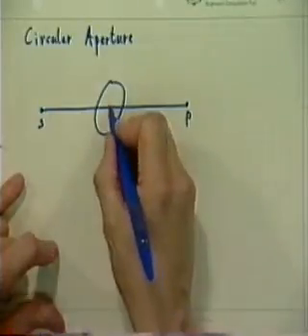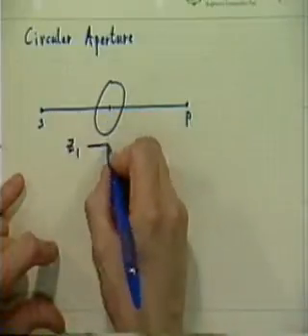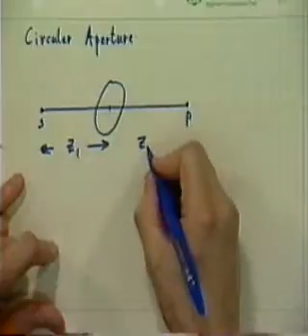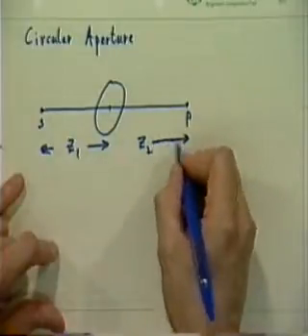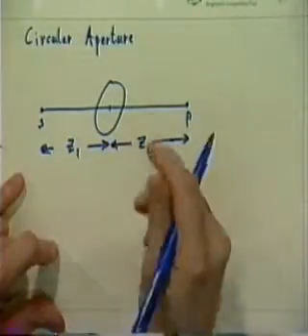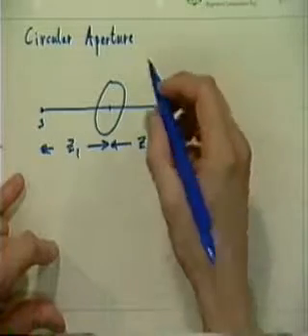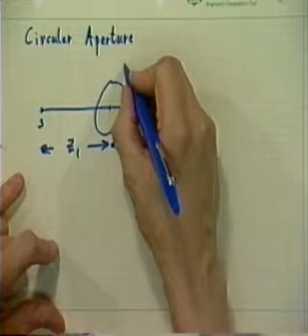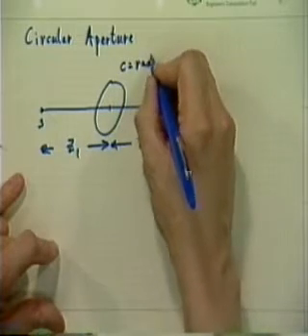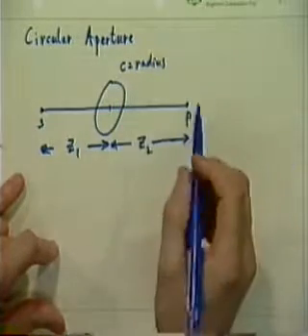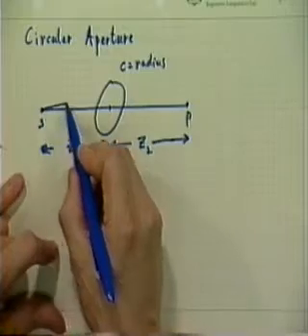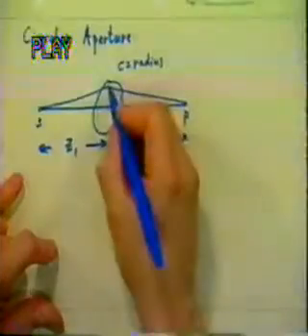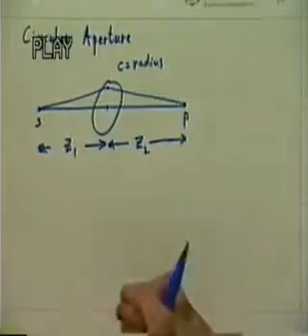The source was Z1 from the aperture, and the observation point was Z2 away. The aperture had a radius of C. And so we calculated the irradiance right on axis here.